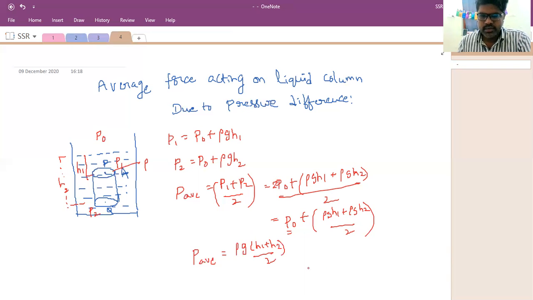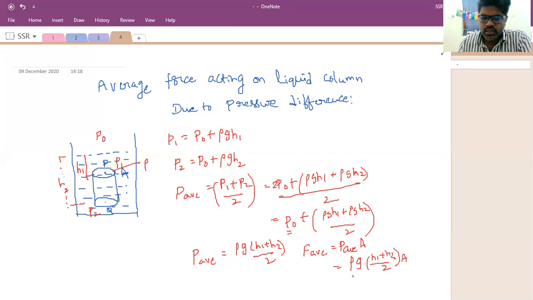Then the average force or net force acting on this is F average, equal to P average into the area of cross section of the liquid column. P average is rho G (H1 plus H2) by 2, so F average is equal to rho G (H1 plus H2) by 2 into area.